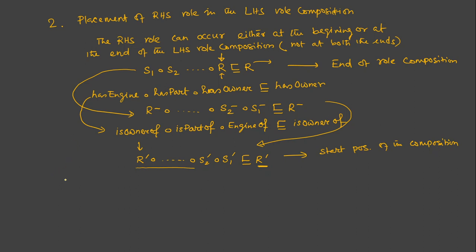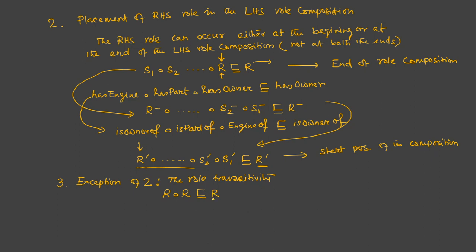The third constraint that we need to follow is basically the exception of two. So there is an exception of two, and this exception is valid for role transitivity. So how do we define role transitivity with respect to role composition? We can say R compose R becomes R, right?